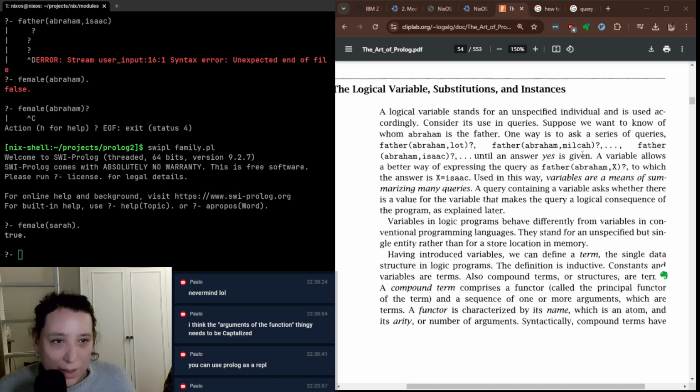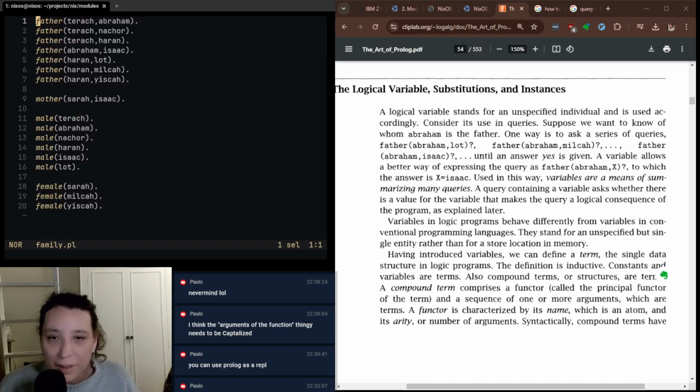We basically want to know, is Lot the father of Abraham? So we just try everything. A variable allows a better way of expressing the query as father Abraham comma x, to which the answer is x equals Isaac. Let's try that out.